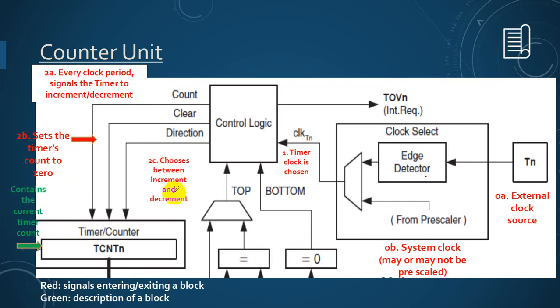Then it chooses between increment and decrement. It signals that the timer count has reached the maximum, either top, control logic, or bottom, so that you set the flag bit. Okay, when the timer count has reached maximum, at that time you set the flag bit, interrupt request, timer overflow bit.